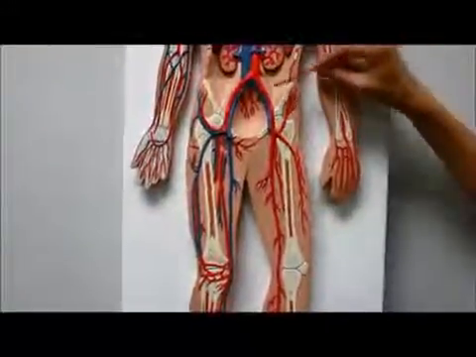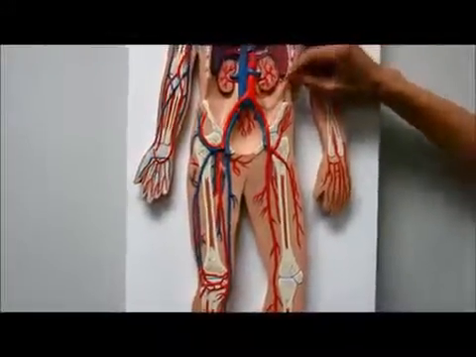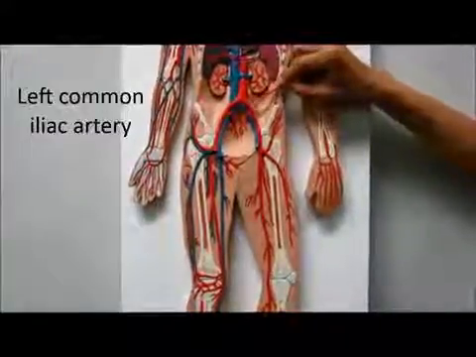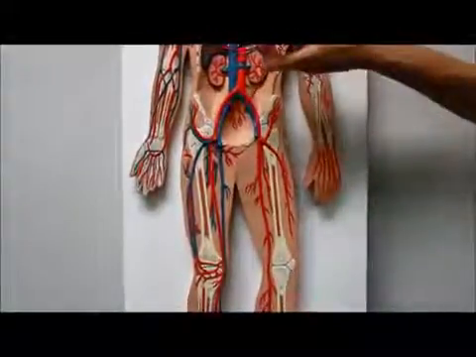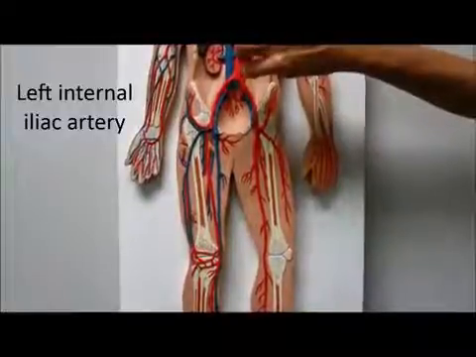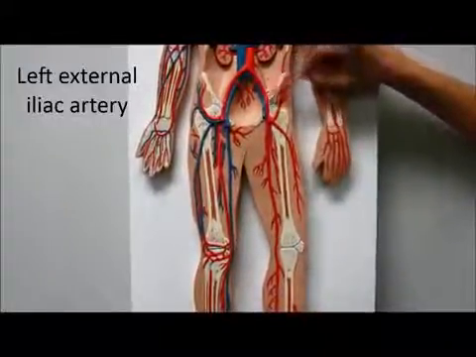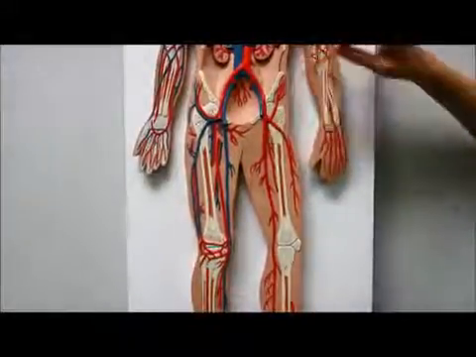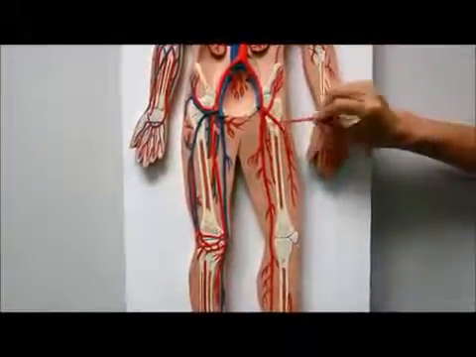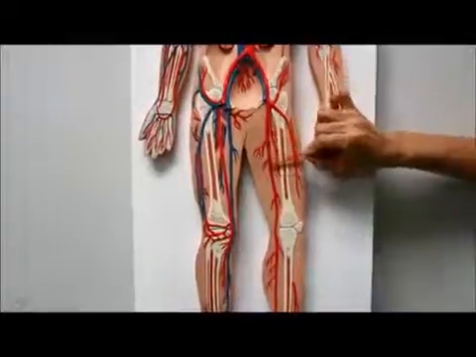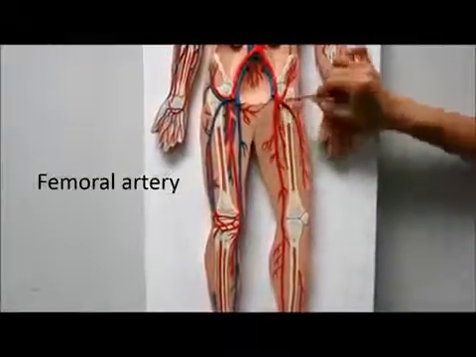So let's follow this artery here. The left common iliac artery branches to become the left internal iliac artery and the left external iliac artery. When the artery runs along the femur, this is called the femoral artery.